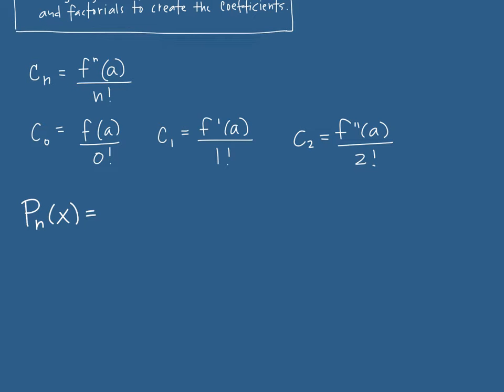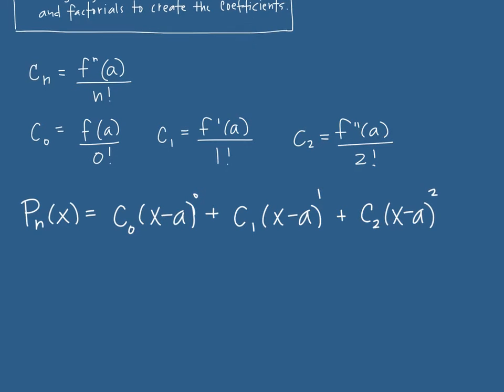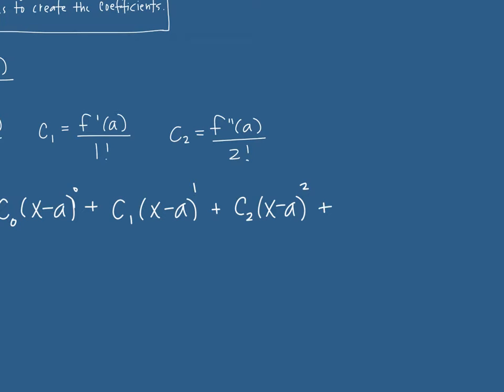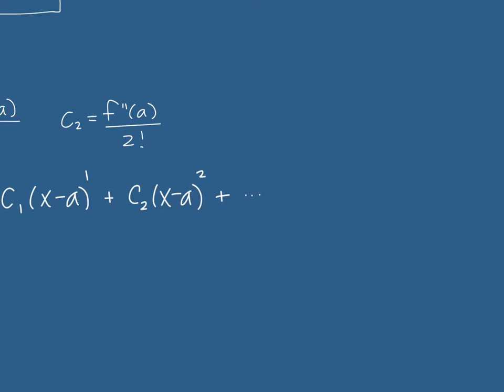All right. So we will have the initial term times x minus a to the 0. Then plus the next coefficient times x minus a to the first. And then the next coefficient times x minus a to the second, etc., etc. So it will be any n coefficient times x minus a to the n.